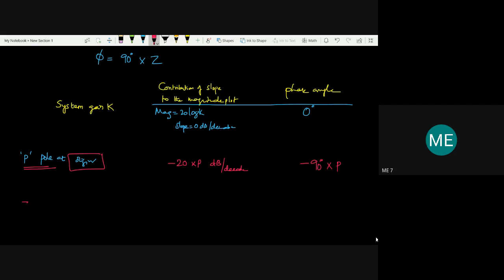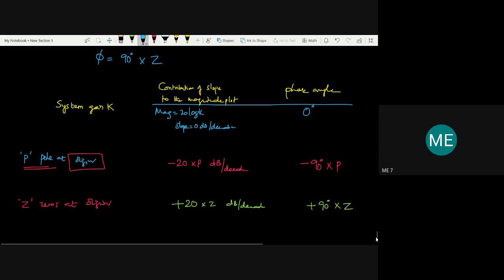Similarly, if z number of zeros at origin, then it contributes plus 20 into z dB per decade, and plus 90 degrees into z for the phase angle contribution.